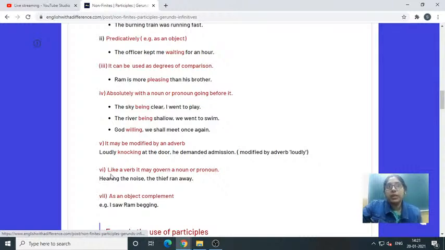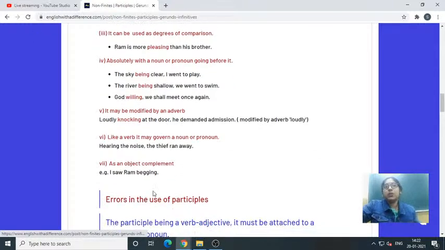So another one, like a verb, it may govern a noun or pronoun. So, hearing the noise, the thief ran away. Like a verb, it may govern a noun or pronoun. Another use. And the last one is that it is used as an object complement. See in how many ways we use these participles. Okay, these are the ways when we are using participles.